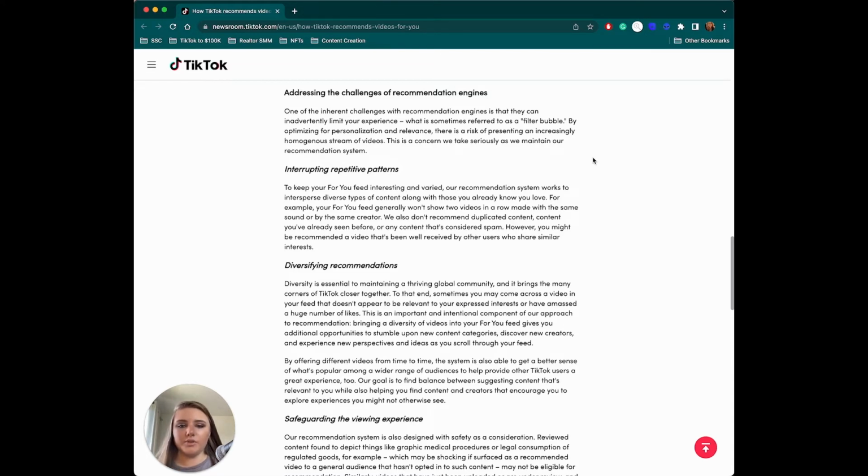There are a few other things, too. The For You page won't show two videos in a row made with the same sound or by the same creator. This is to make sure the user doesn't get bored. If they're seeing 10 videos in a row with the same sound on every single video, that would be a problem. Users would get very disinterested very quickly. So they make sure they're doing that.